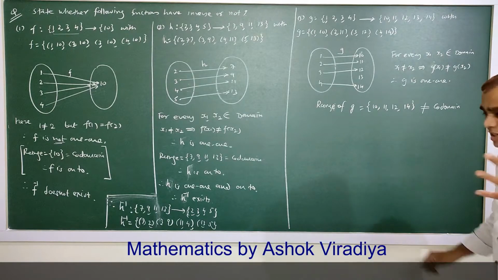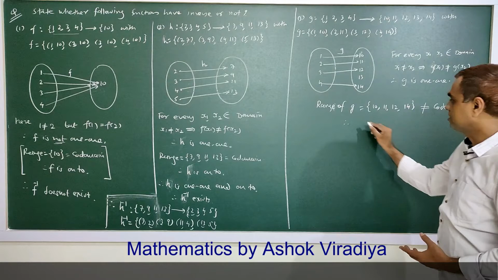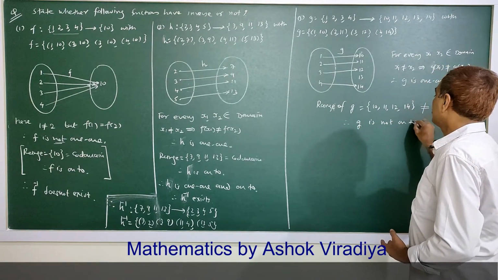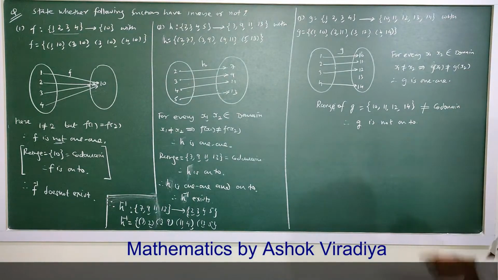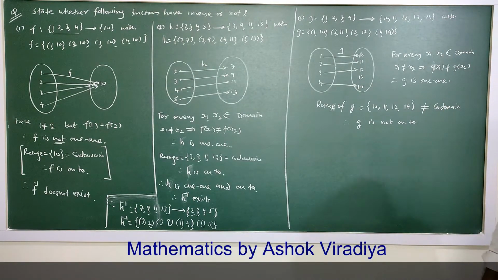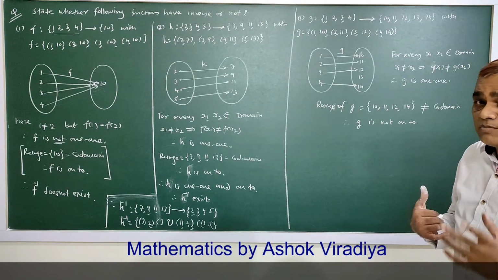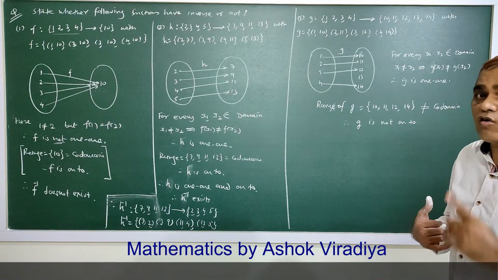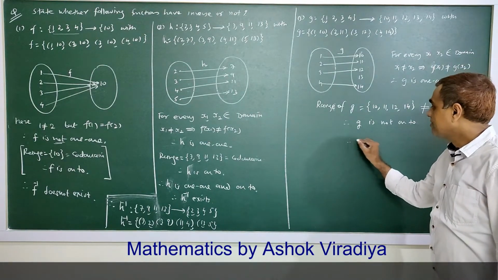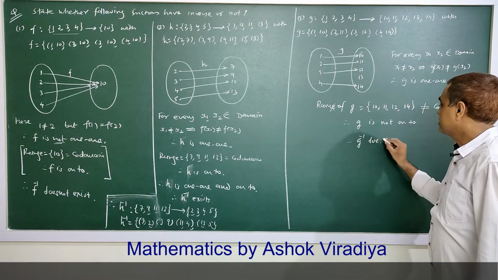And if range is not equal to codomain, this function g is not onto. It is 1-1 but not onto. For existence of its inverse, g must be both 1-1 and onto. But because it is not onto, therefore g inverse does not exist.